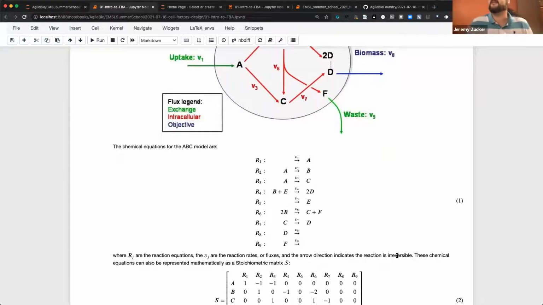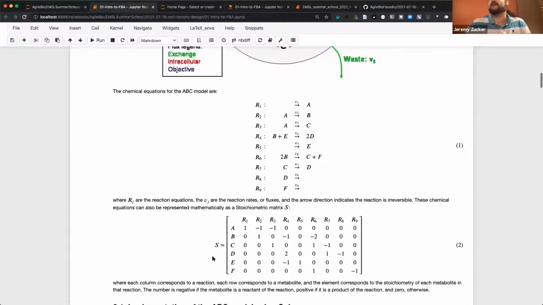These chemical equations can also be represented mathematically as a stoichiometric matrix. The way to read this is that on the rows, each row corresponds to a metabolite, and each column corresponds to a reaction.